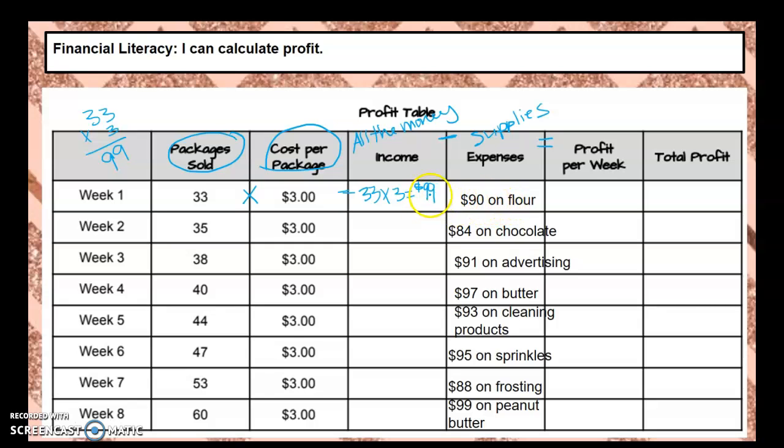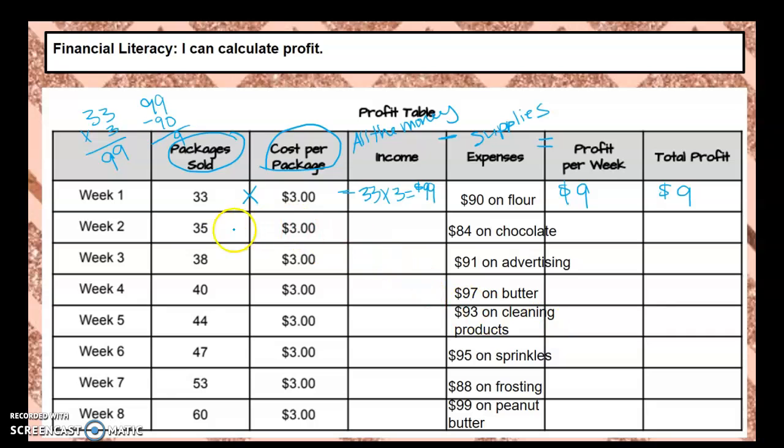So now I have to take 99 minus 90 and subtract them. All I end up with, their profit, oh, that's sad, it was just $9. So far, the total profit is $9.